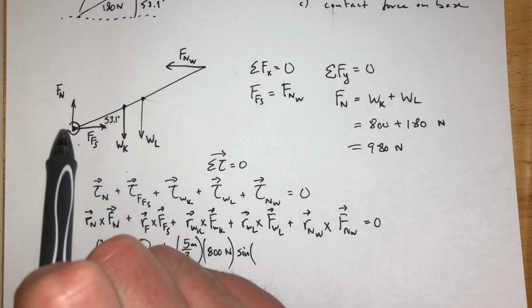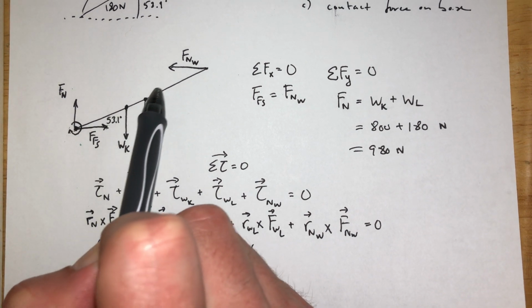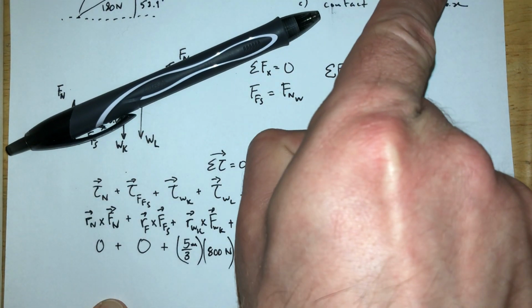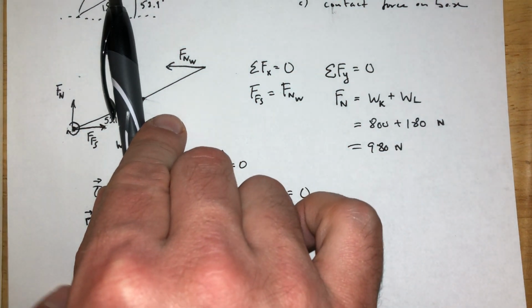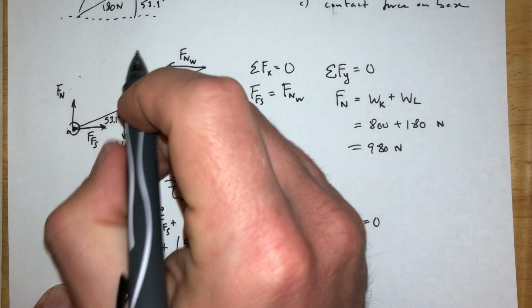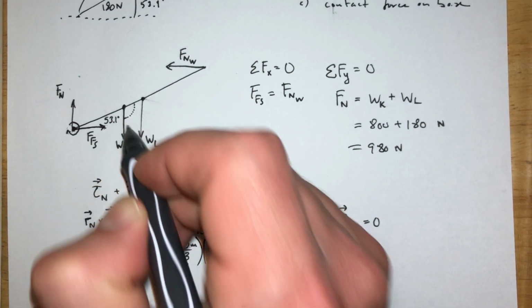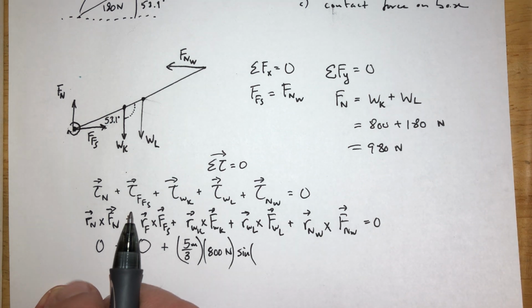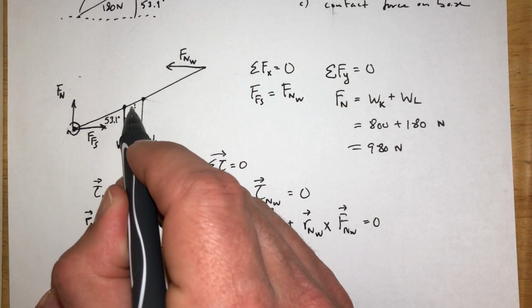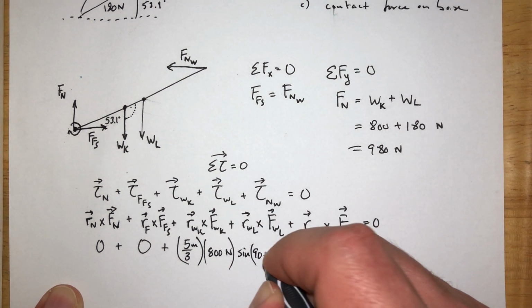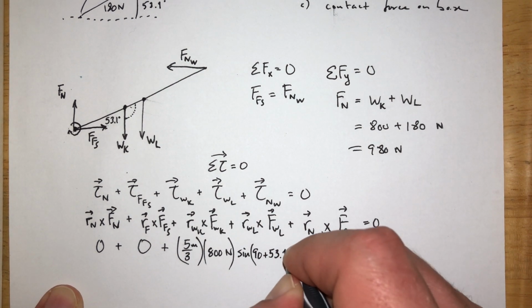And the angle between a vector along the ladder out the way and the down direction is that angle, right? It's the 53.1 plus 90. 90 plus 53.1.